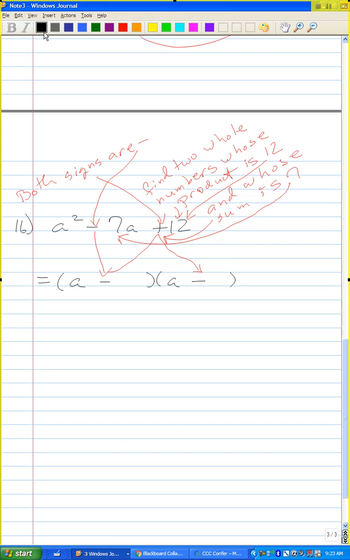Okay, so I can do that. So 4 and 3. 4 times 3 is 12. 4 plus 3 is 7.